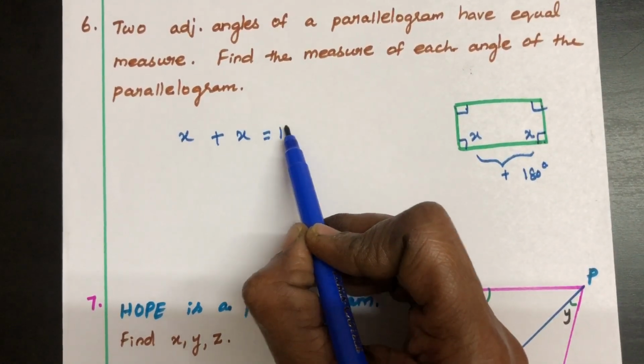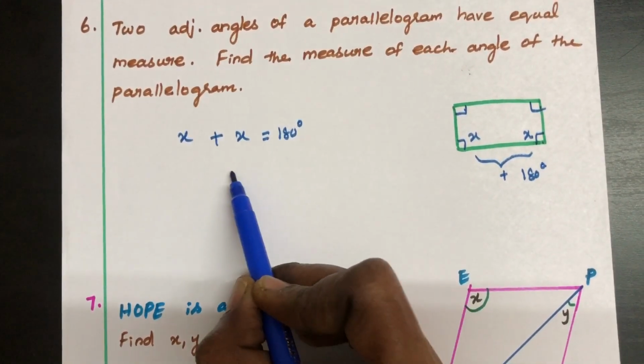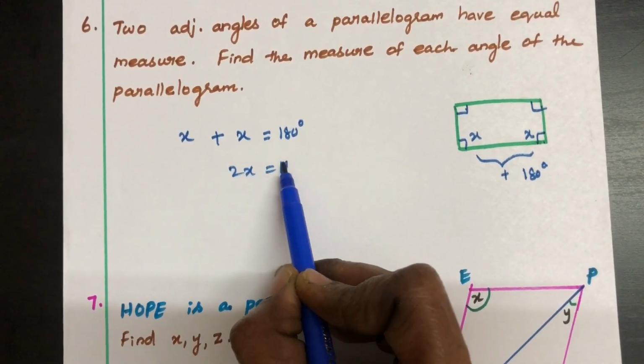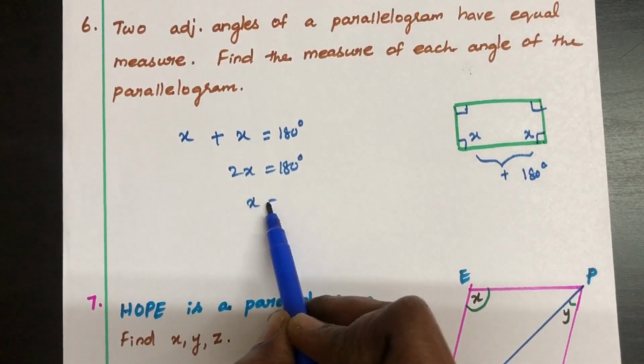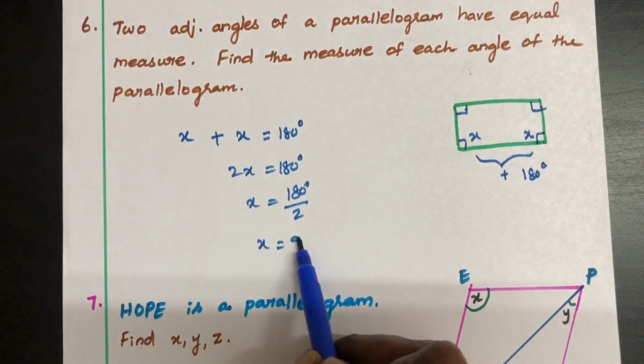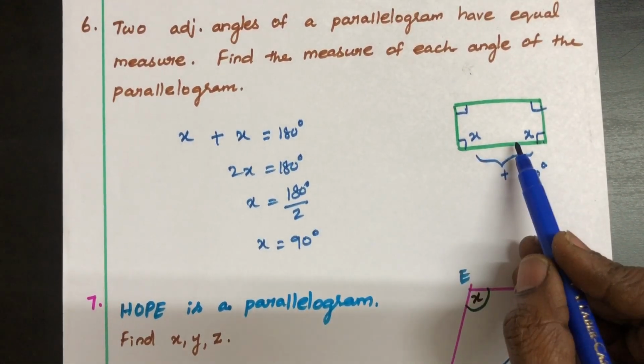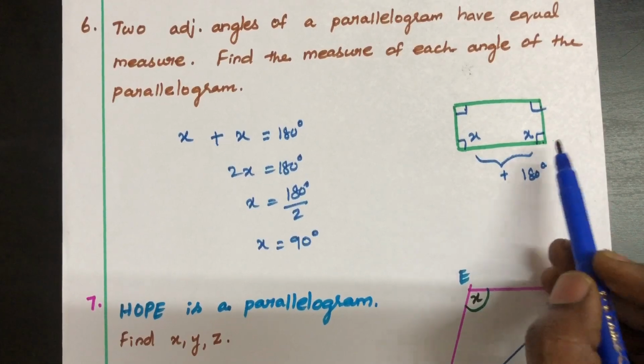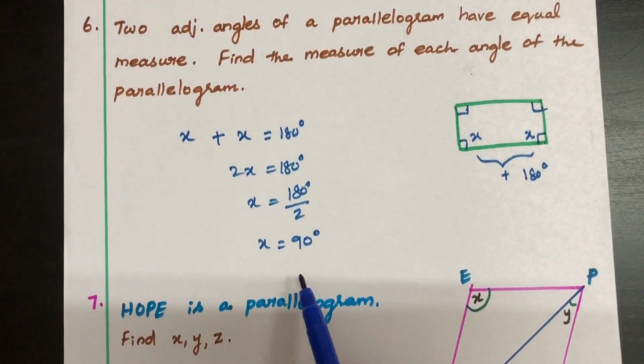If you add these two, it will give you 180 degrees. So, 2x equal to 180 degrees. X equal to 180 degrees divided by 2, which is 90 degrees. Therefore, this parallelogram is a square or a rectangle. X equal to 90 degrees. Each angle must be 90.